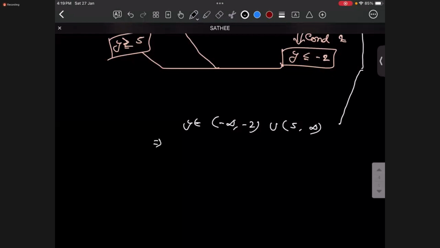So this implies the greatest integer value of x should lie inside minus infinity to minus 2 union 5 to infinity. Now, for which value of x can we get this range?